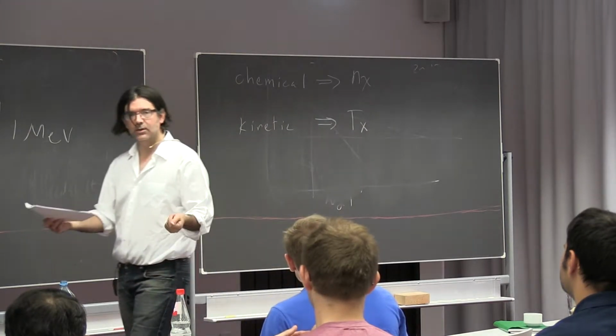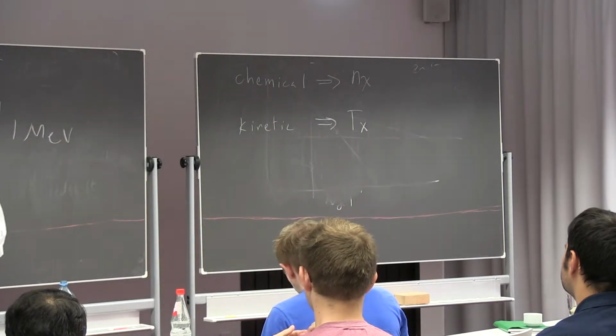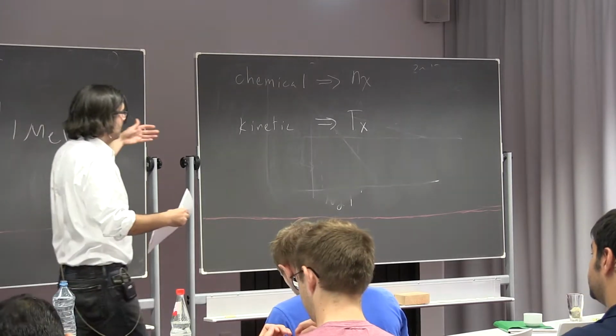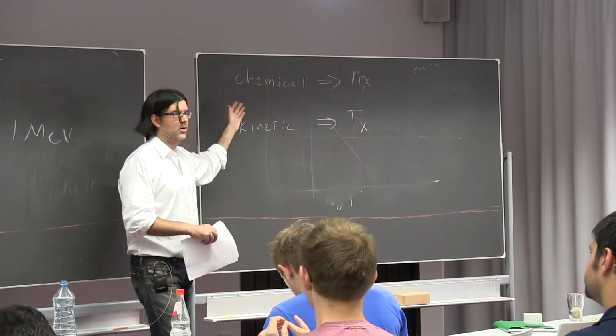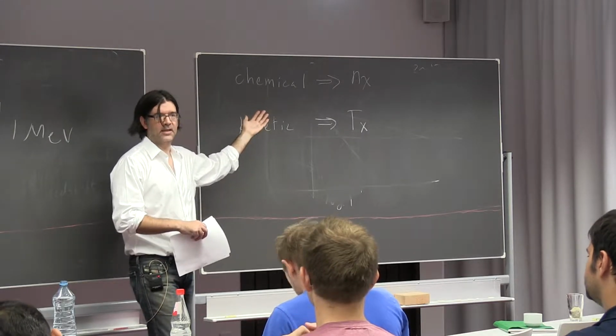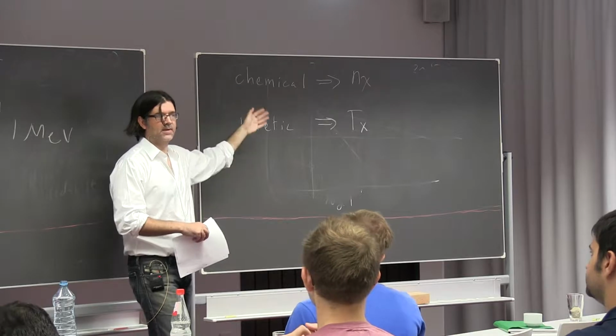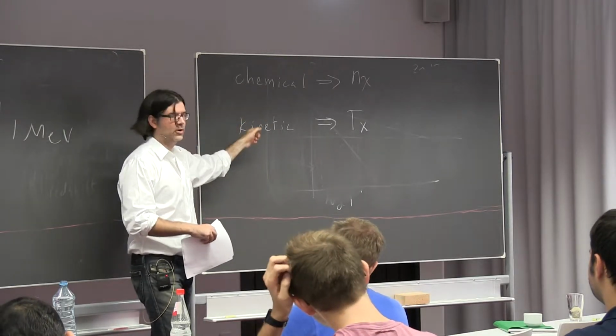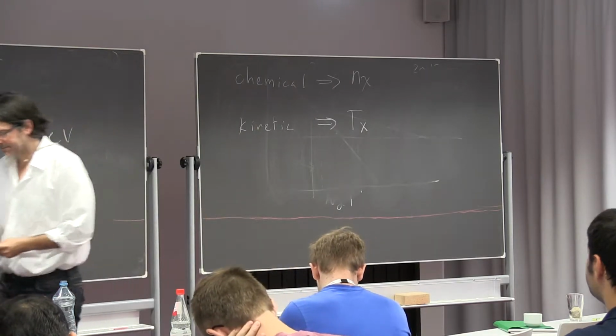If I have kinetic equilibrium, then that means the particle number is not being changed, but the temperature is in equilibrium. Okay? People will often just use the words the particle is in equilibrium. And usually it's clear from the context what they mean, but this is something just to always be aware of. If somebody says, assume something is in equilibrium, make sure that you know what kind of equilibrium they're talking about.